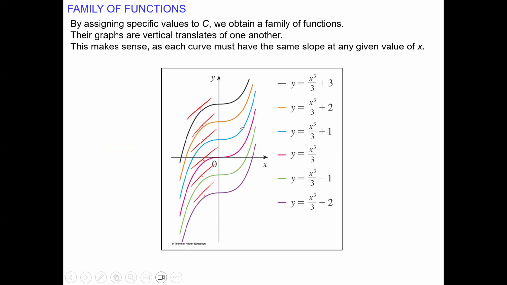That's the family of the function 1/3 x cubed. The red lines which I drew are touching the curve and represent the rate of change, the slope of the tangent. Parallel lines have the same slope, the same for each of them. That's why we always have to add this constant.